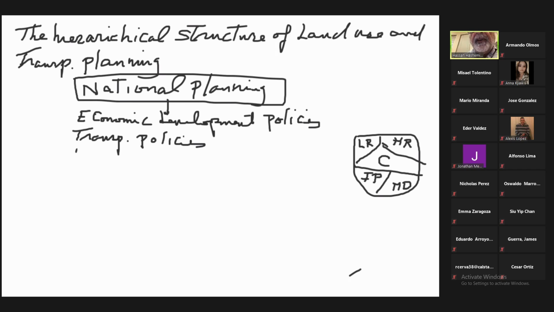They are looking at the funding. They are looking at the regulation. And requirements for local area planning.